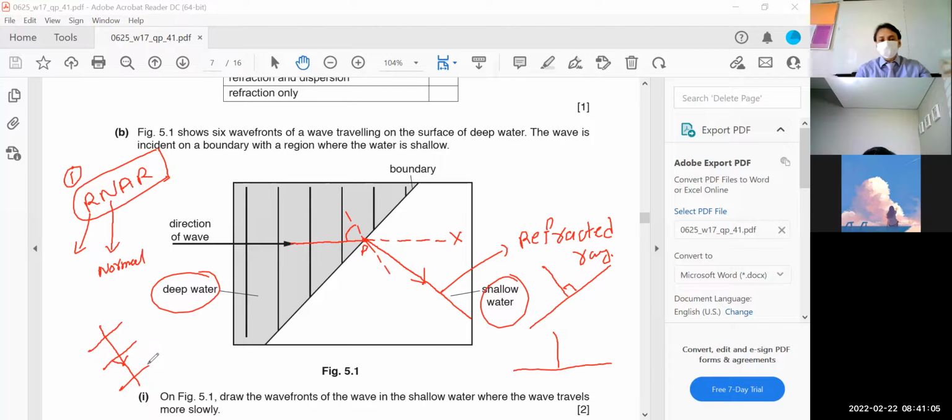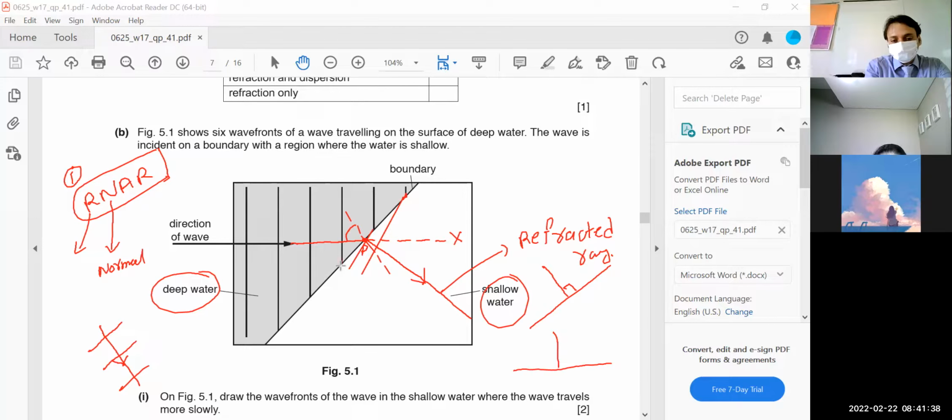So you need to draw this normal line, but I will do it in a more systematic way. The first wavefront here in the deep water, when it enters the less deep water, it will bend. Let me scale here, the straight line I can do something like this. The second one here, something like that.